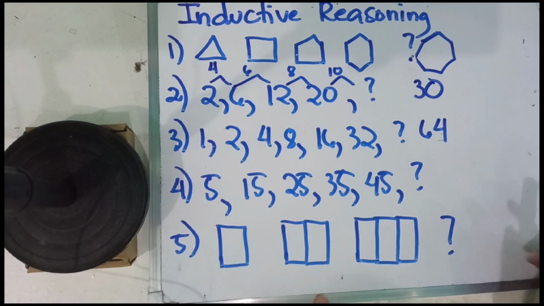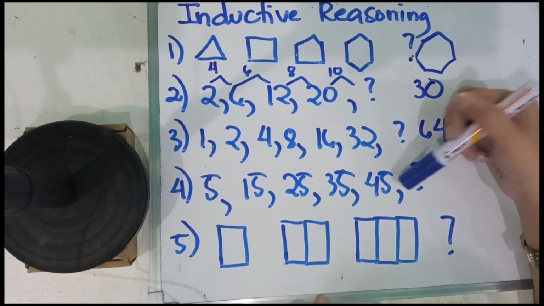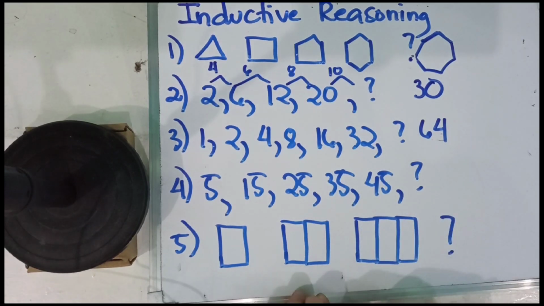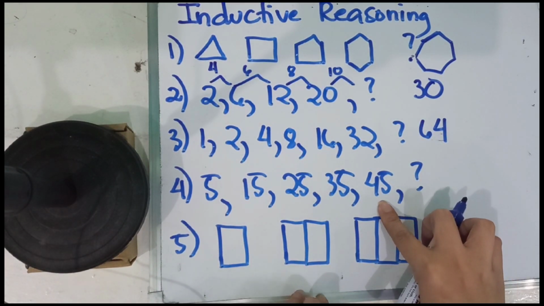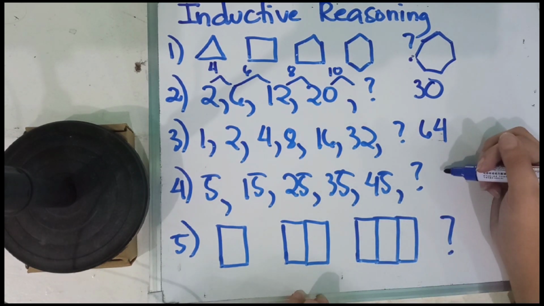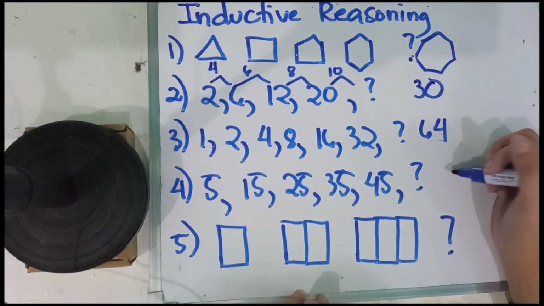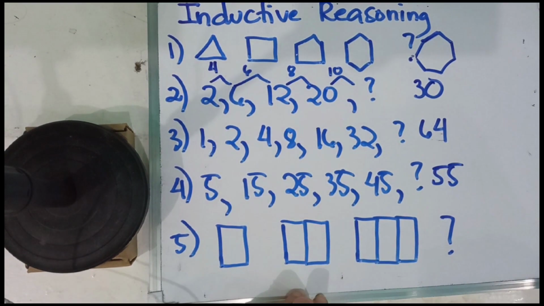If you can still recall, that is a geometric sequence. This is an arithmetic sequence. Knowing that the pattern is adding the number 10, therefore, the missing number here is 55.